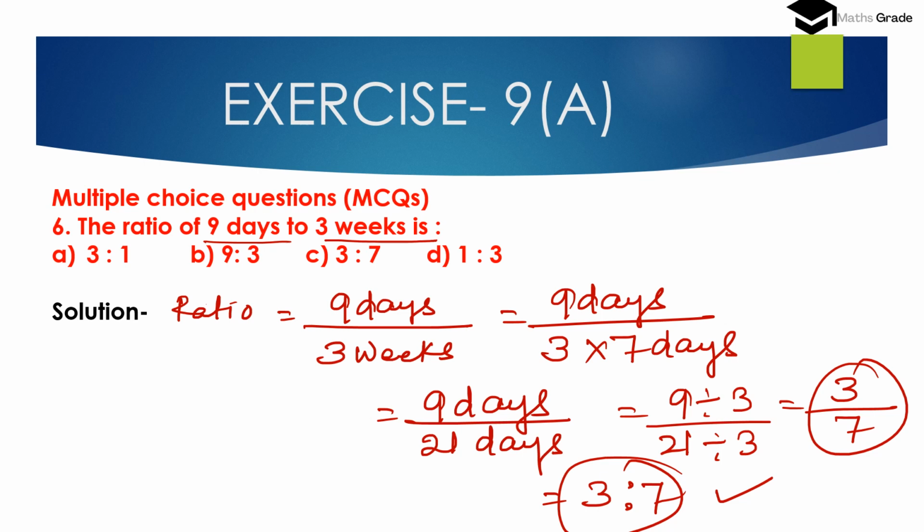So ratio of 9 days to 3 weeks is 3:7. So option C is correct. Option C 3:7 is the correct answer.